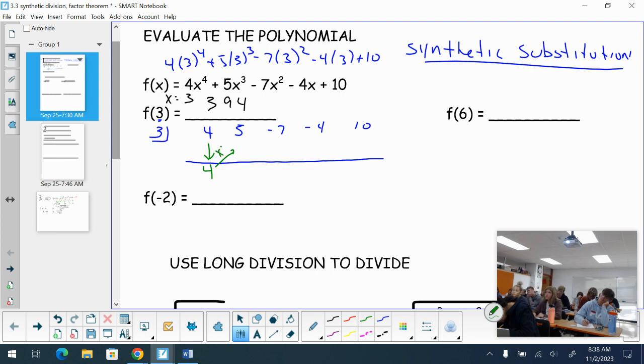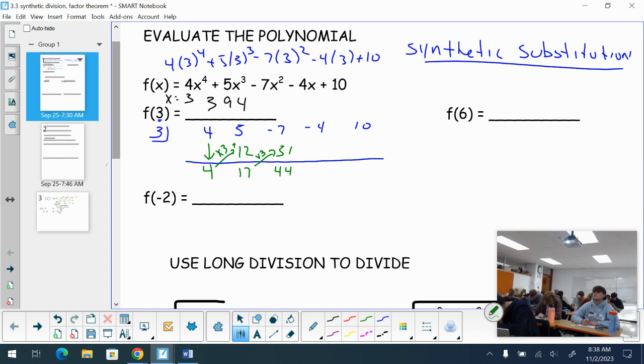So we multiply by the value of 3. We have 4 times 3, we get a value of 12. And then we can add down to give us 17. And then we continue this process throughout. We diagonally multiply by 3, which gives us 51. Then we add down. So we get a value of 44.